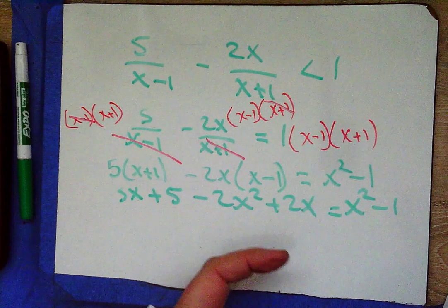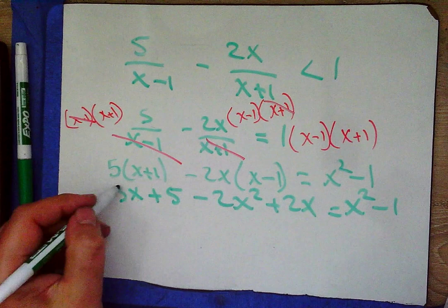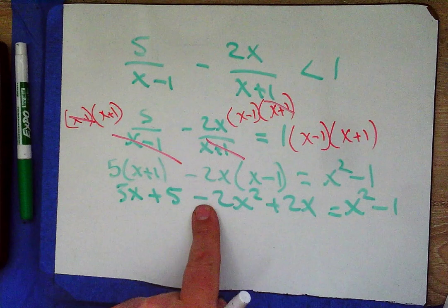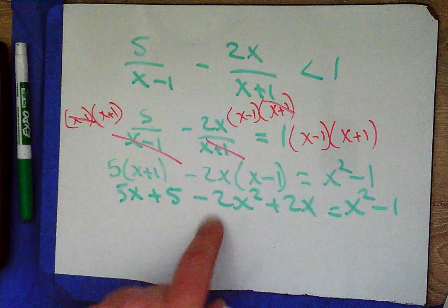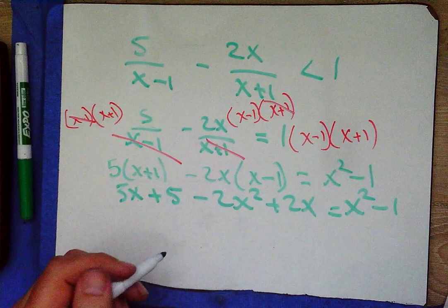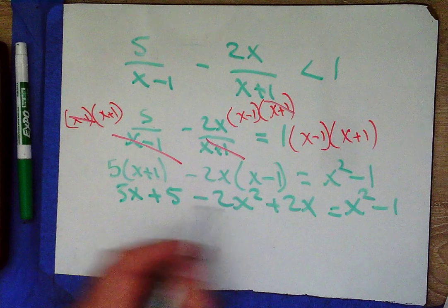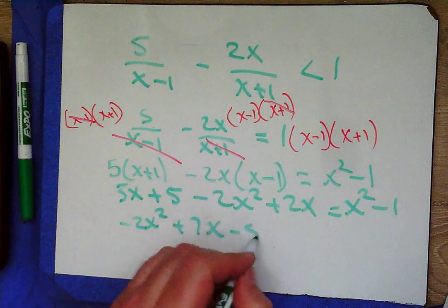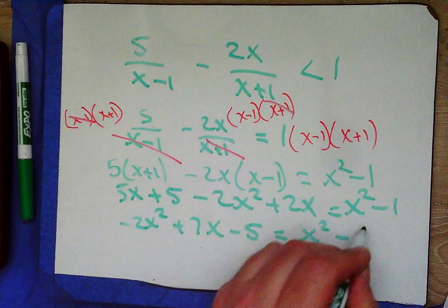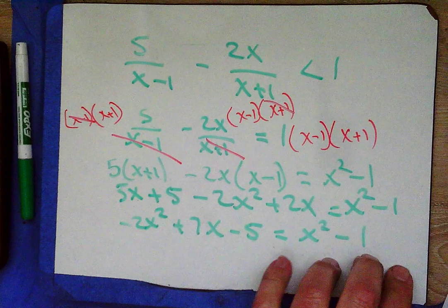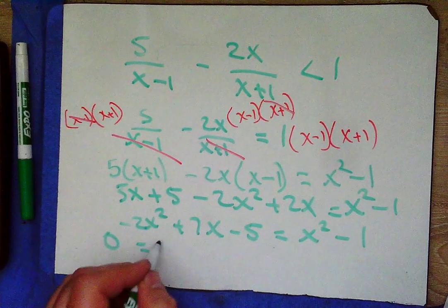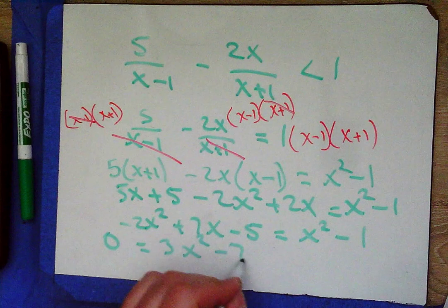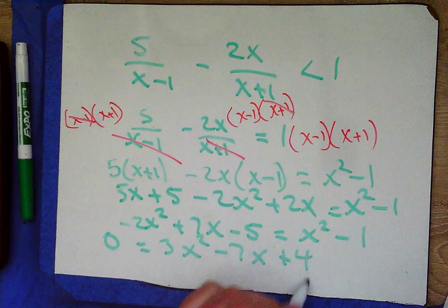Because I see these squareds, I know I have to move everything onto one side of the equation, and I don't want to have negative x squared, so I'm going to move everything over there. You might want to combine like terms first. Negative 2x squared plus 7x minus 5 equals x squared minus 1. And then move everything over there. 0 equals 3x squared minus 7x plus 4.